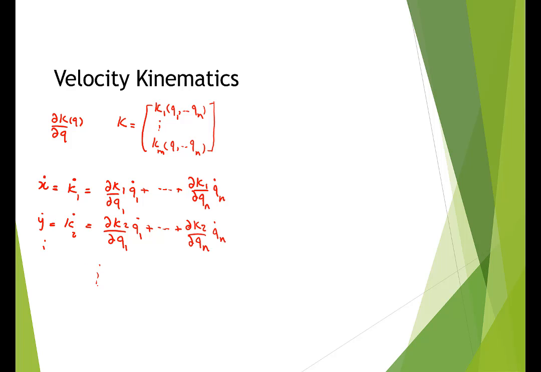Now, if we put this in a matrix format, it would look like this. Basically, the end effector position and orientation velocity is that matrix times q dot, and we can see what that matrix is by comparing these two equations. That matrix would look like this.